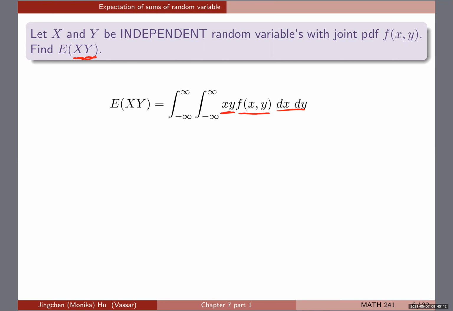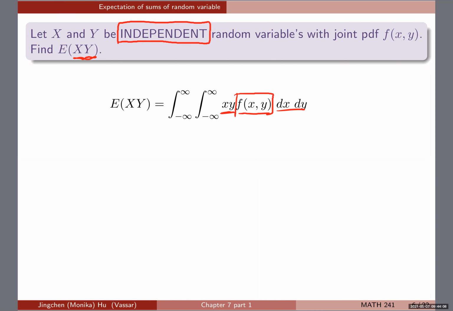So the next step: remember we have an extra condition here. Not only are x and y any kind of random variables, we know that they're independent of each other. Because of that, a very important next step is to break this joint fxy into the product of the marginals.